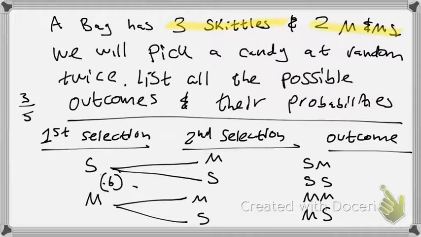But we use 0.6. What's the probability of getting an M&M? There's 2 M&Ms out of 5 total candies. So 2 divided by 5 gets you 0.4. And again, if you notice, there's a 100% chance you're going to get either a Skittle or an M&M, because 0.6 plus 0.4 gets you 100%.